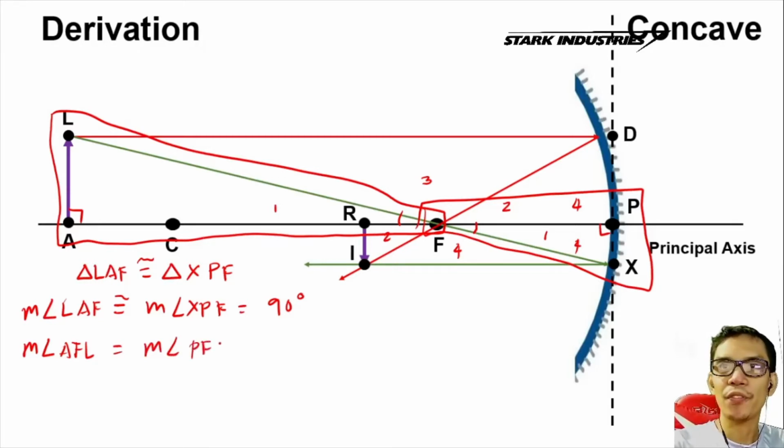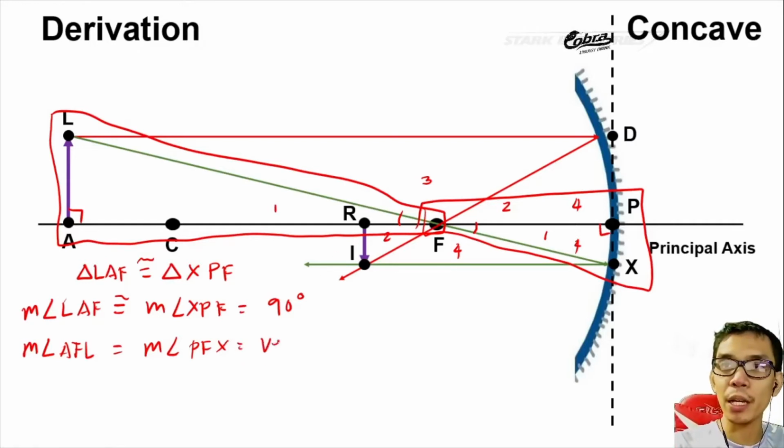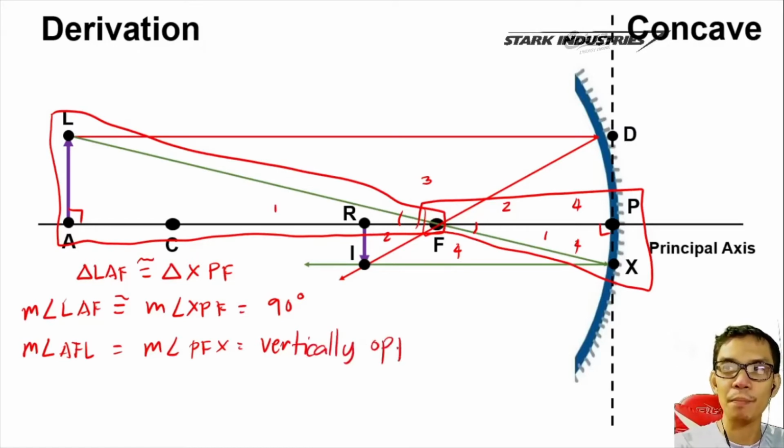What is the reason why they are similar? Because they are vertically opposite. Since there is an intersecting line on that particular area, they are vertically opposite, and they have the same angle as well. So we call it vertical angles. Vertical angles are equal.